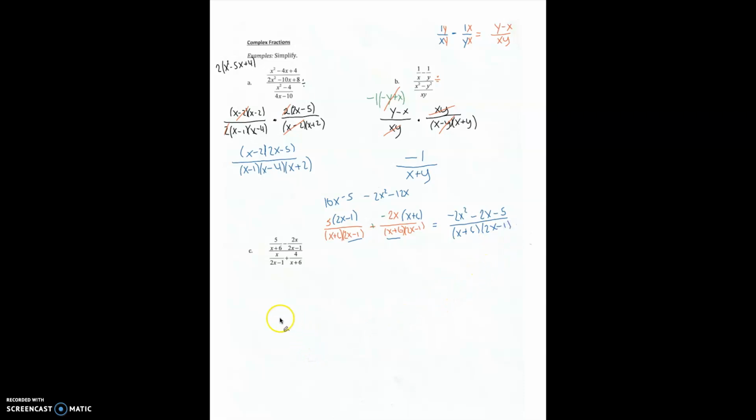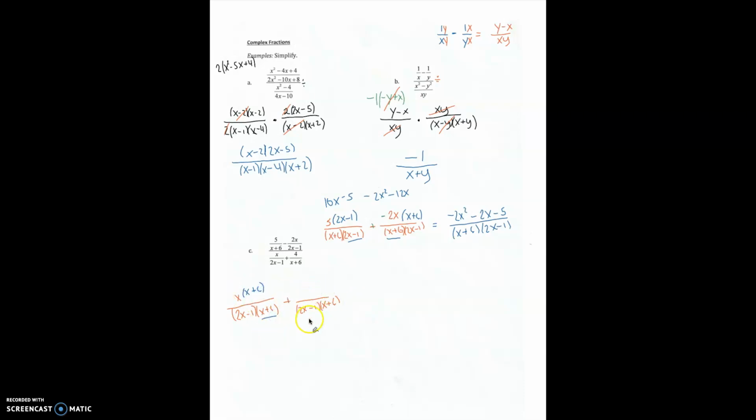So now the denominator. We need to get our least common multiple here. Notice we have the same binomial. So our least common multiple is going to be the same thing. So we have to think, hey, what did we multiply the denominator of the first fraction by? Well, we multiplied it by x plus 6.